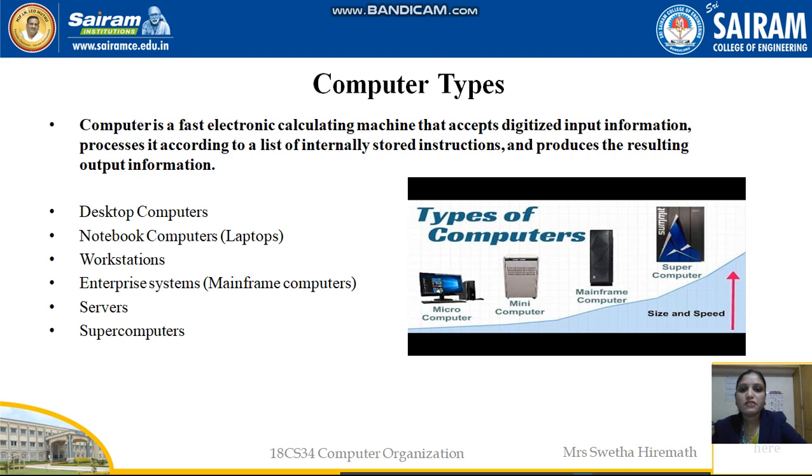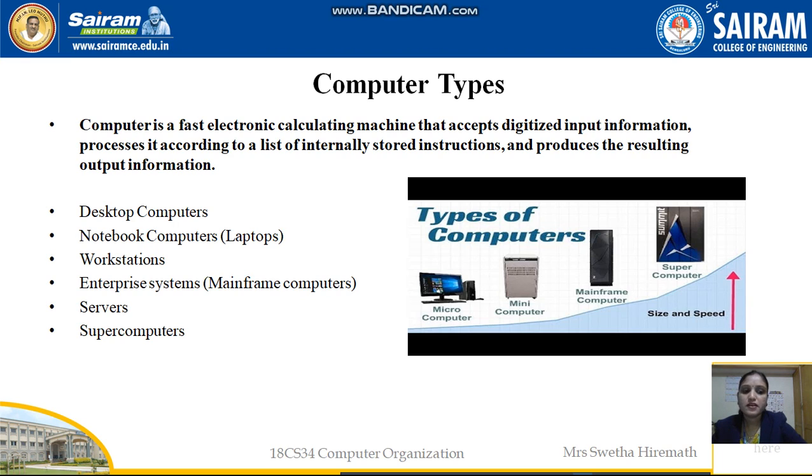That processing unit consists of internally stored instructions, and the input information which we give to the computer will be given to the processing unit, and there it will process with the help of these internally stored instructions and produce the resulting output information. So what actually is a computer? A computer is a fast electronic calculating machine that accepts digitized input information, processes it according to a list of internally stored instructions, and produces the resulting output information.